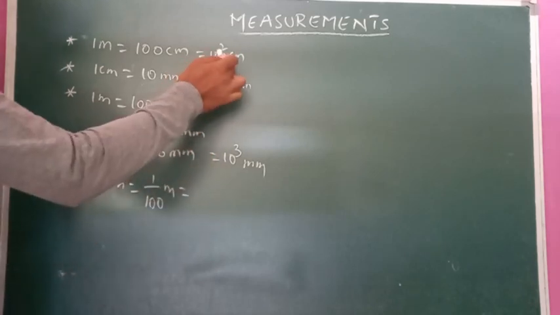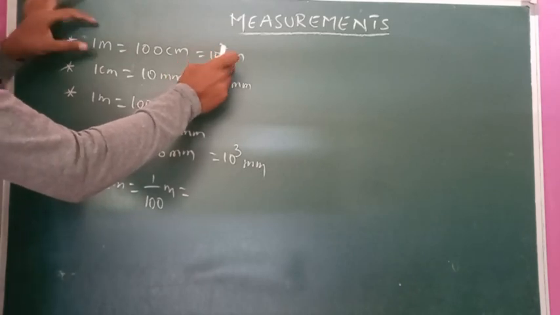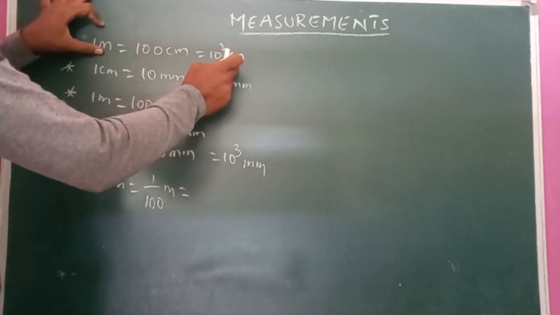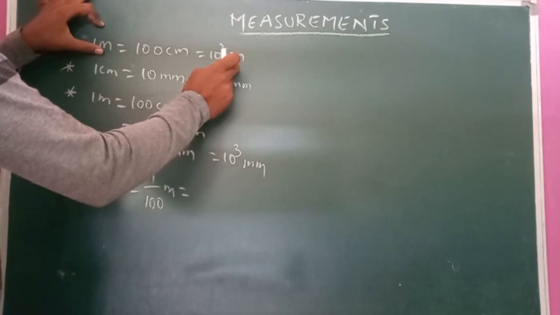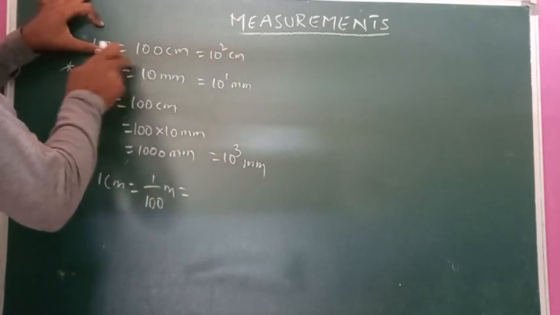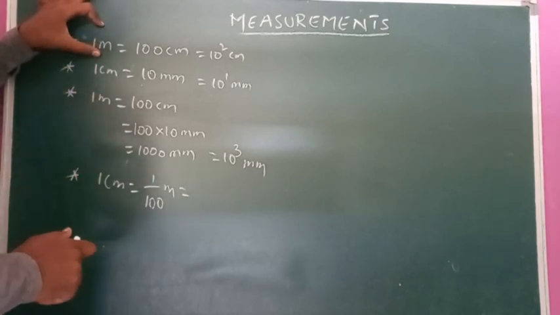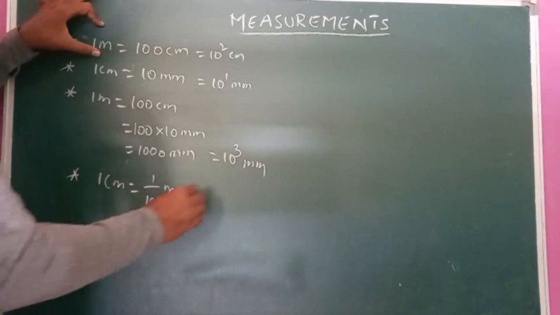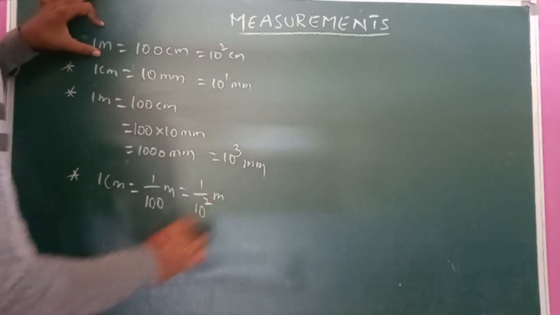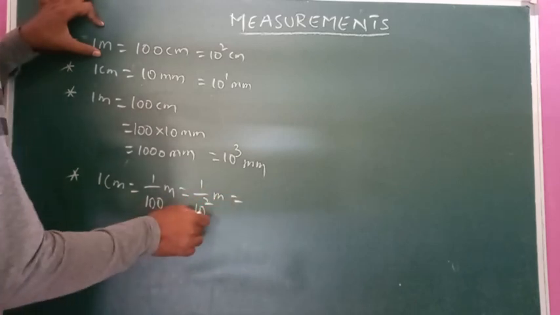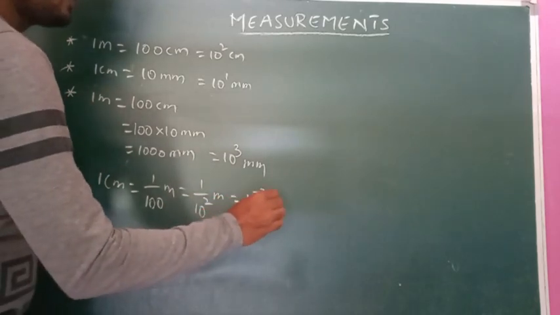I need the 1 centimeter value, so here 10 power 2 is in multiplication with centimeter, and in this 1 centimeter value it comes to the left hand side and is in division with the meter. So 1 by 100 can be written as 10 power 2 in the denominator with meter. If this 10 power 2 goes to the numerator, it becomes 10 power minus 2.